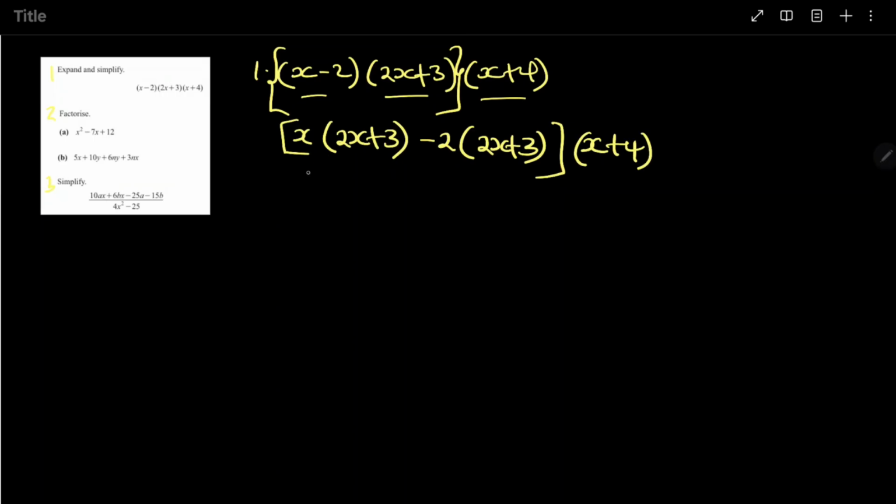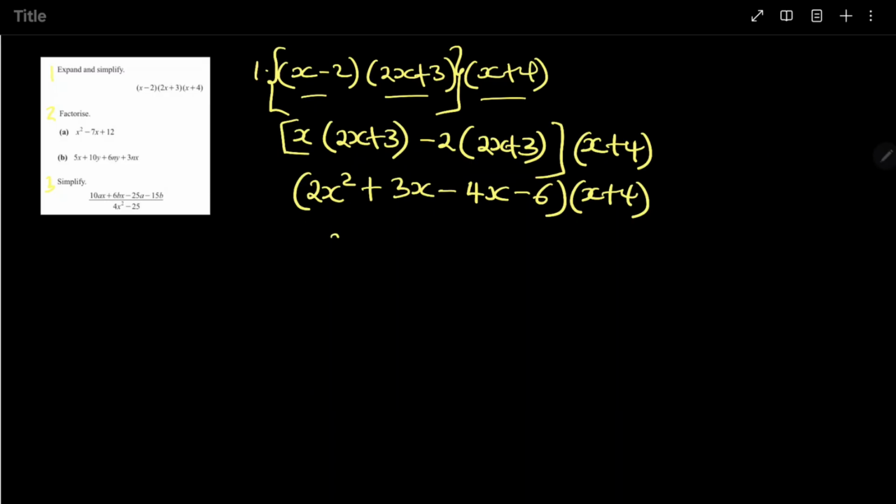So once x times 2x, we know it is 2x squared plus 3 times x, that is 3x. Since this is a minus and everything in the middle is plus, we're going to minus everywhere. So minus 4x minus 6. This, you're going to multiply with x plus 4. Ideally, we are doing this the way we did last number, but after, we are going to multiply by x plus 4.